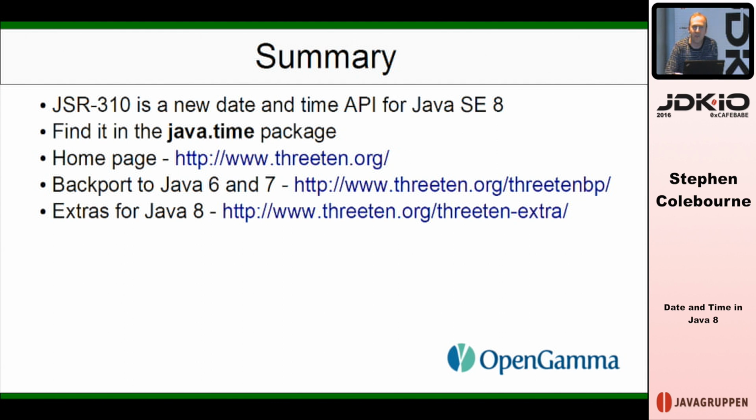Those are the two big things that are in Joda-Time and not in java.time. Intervals are available in 310 extra, or you can use the Guava range class, which is equivalent. Period formatting, maybe that'll get added in a future JDK. I don't know. There are some subtleties around the human language element of that, so it's quite tricky.